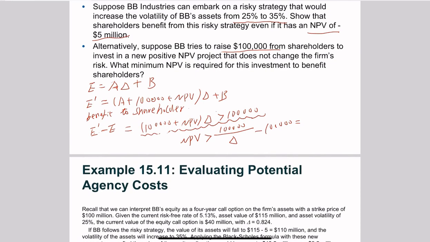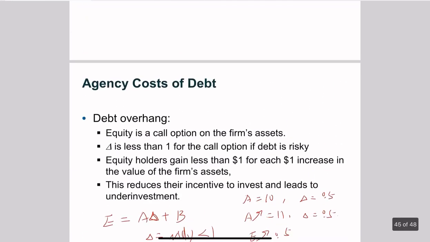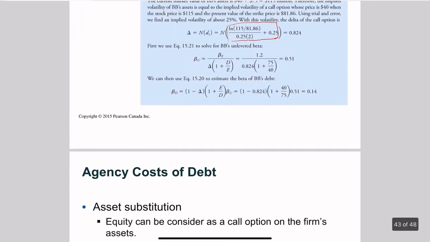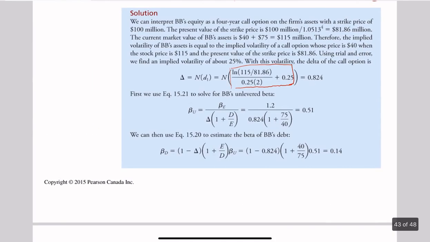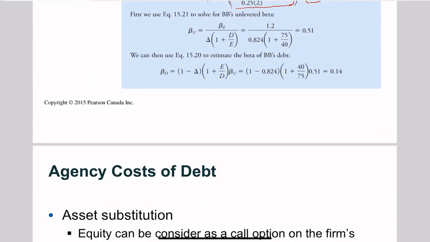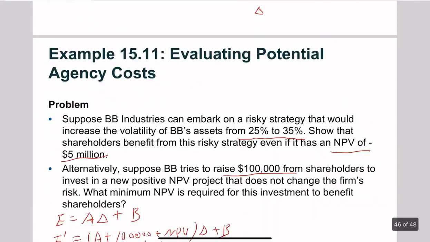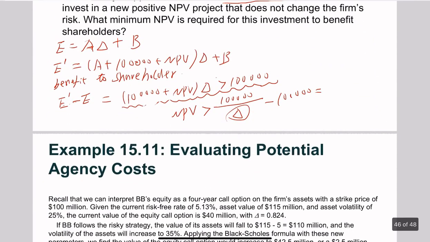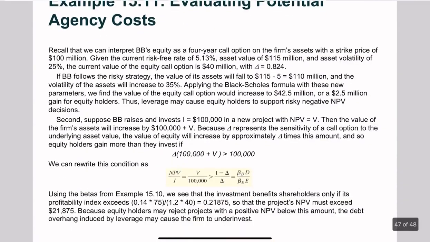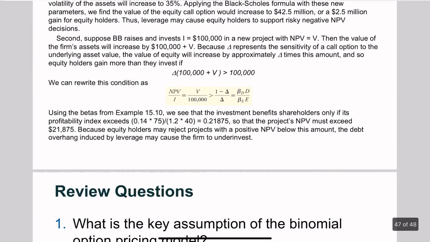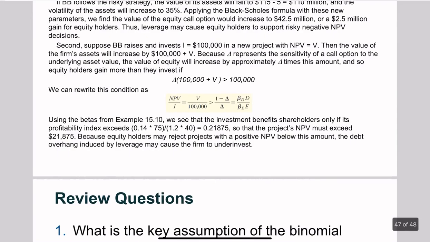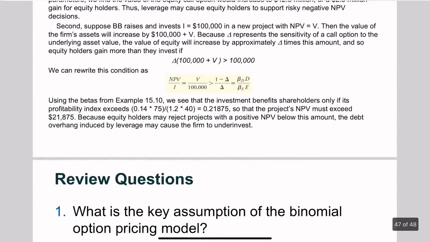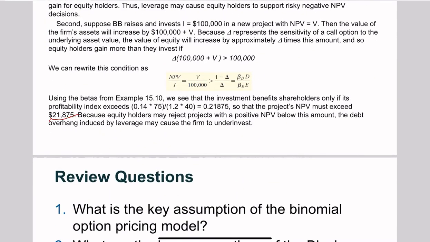So what is delta here? Well, we calculated it in the previous example. Delta is 0.824. So we could plug in numbers, 0.824. This should give you a number which is 210.